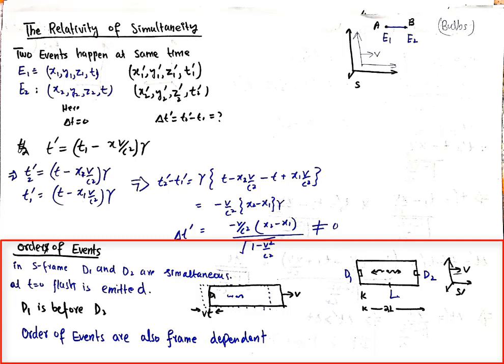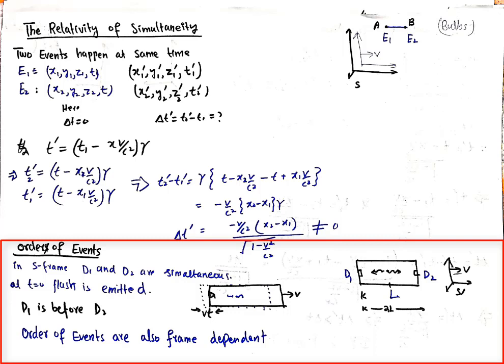Therefore the light reaching D1 has to travel less distance, and D1 will detect light first. So the event at D1 will be first, and then we will have D2.